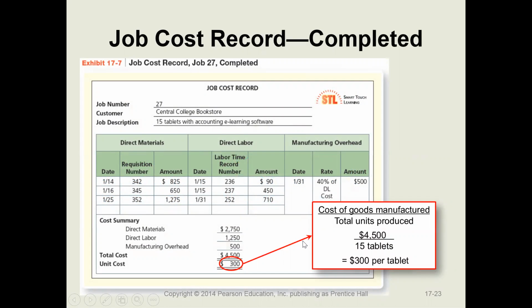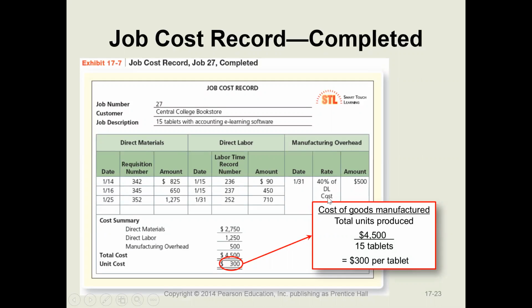Okay, so this is a typical job cost record. Notice they have the three categories of costs: direct materials, direct labor, and manufacturing overhead. Notice the $500 that we just computed with the predetermined overhead allocation rate of 40% of direct labor cost.